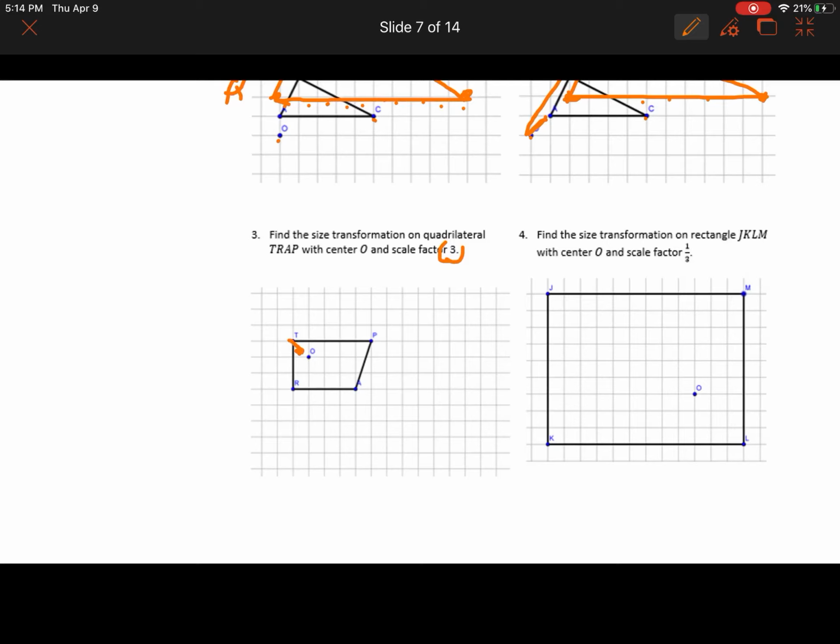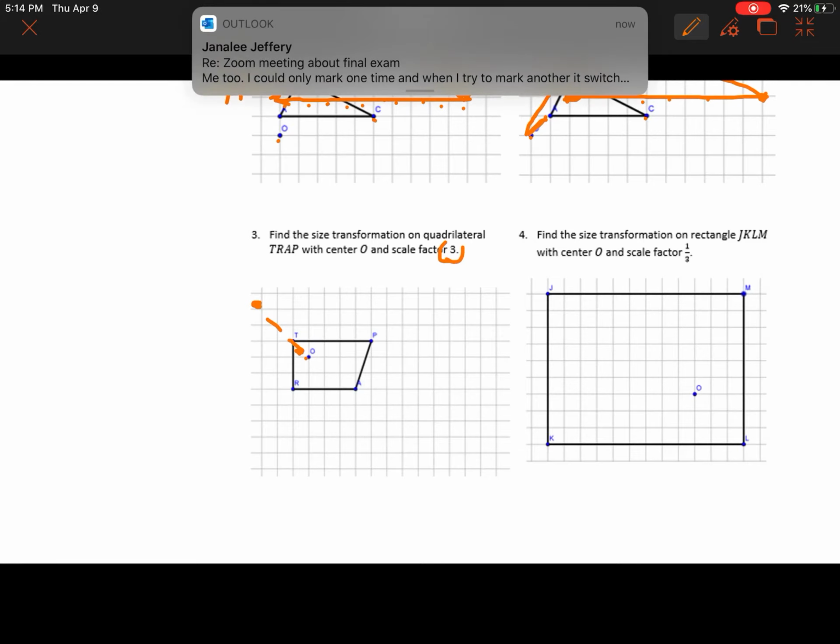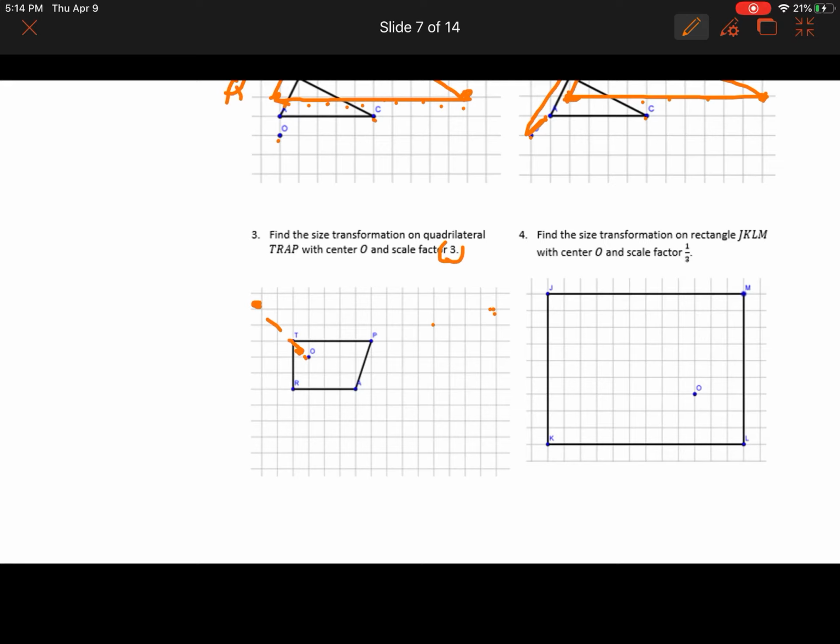This is just on the diagonal, so I'm going to go out 1, 2, 3 on that diagonal. Over to P from O, it's going to be up 1 over 4. So I'll go up 1 over 4 and then up 1 over 4 again.